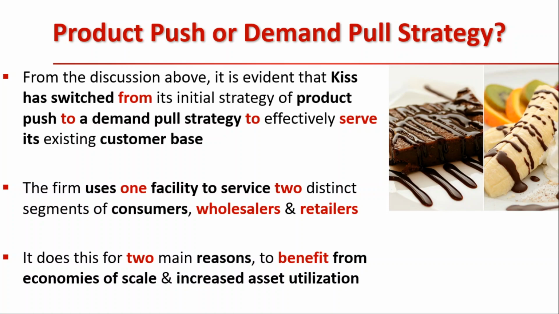They do this for 2 main reasons: the benefits from economies of scale, because they're quite large, so they could get bulk purchasing, and increased asset utilization. When we're talking about increased asset utilization, we're talking about the use of the facility. Similarly, Carib utilizes the same principle as well.